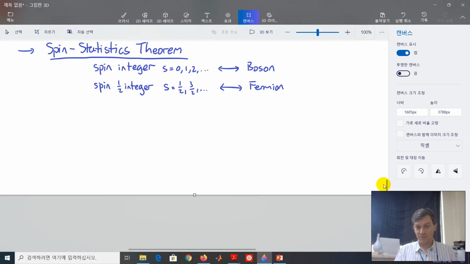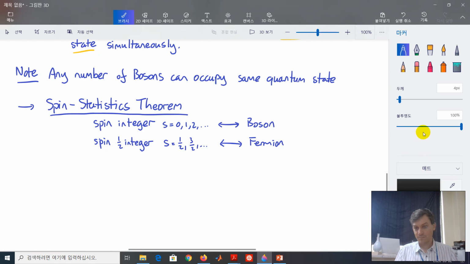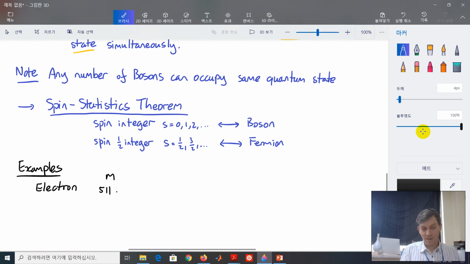I will just finish with a couple of examples of the particles that we know. First of all is the electron. Its mass is about 511 keV.